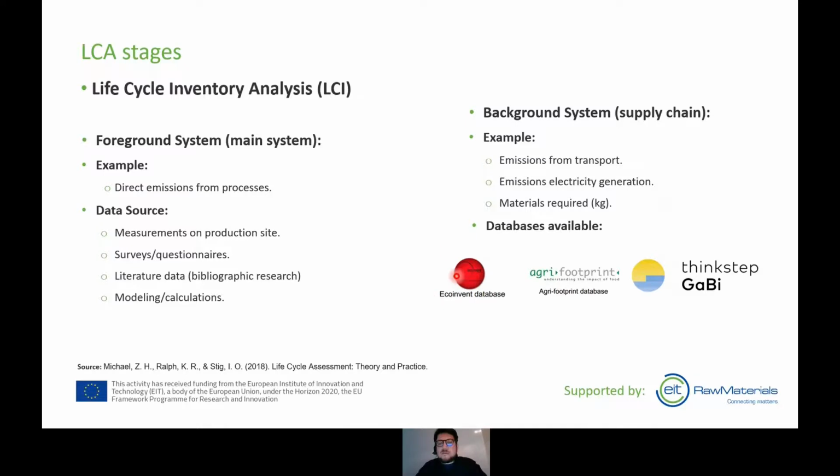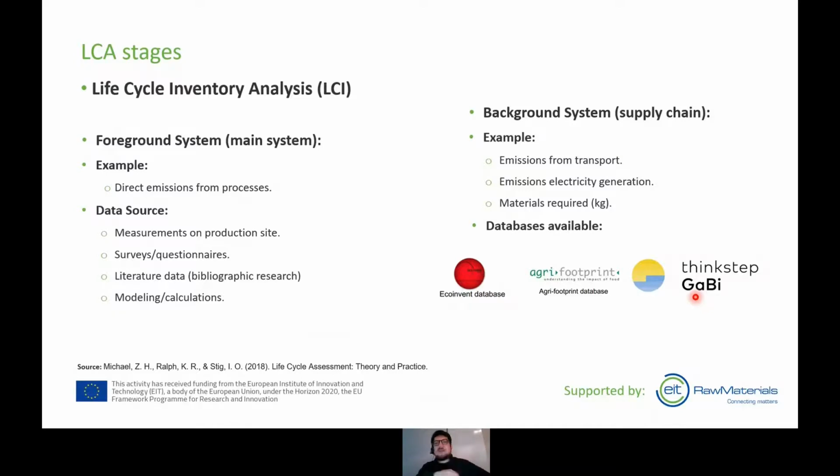And here, we can find different databases that are already created in the market. They are really well evaluated by industrial partners, and we can find them in, for example, agriculture. Agri-footprint is another database that you can find related to agriculture, and another is provided by GaBi.